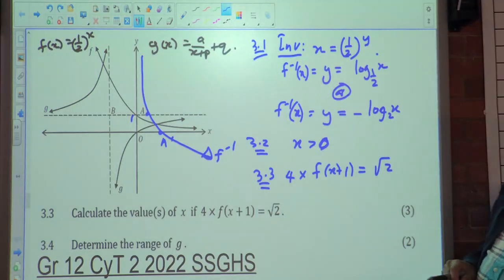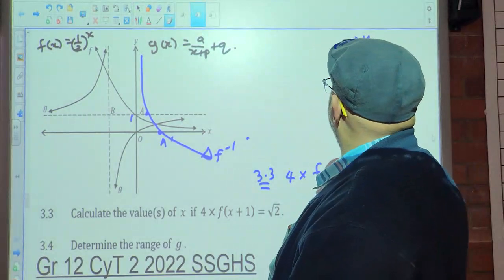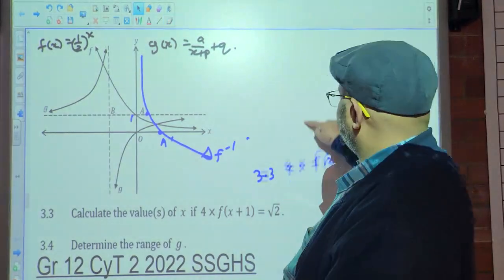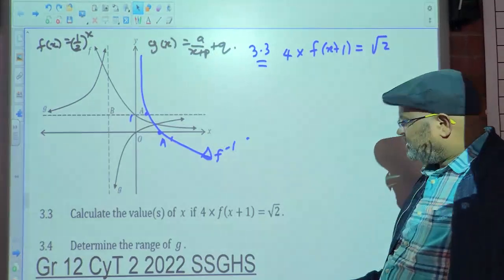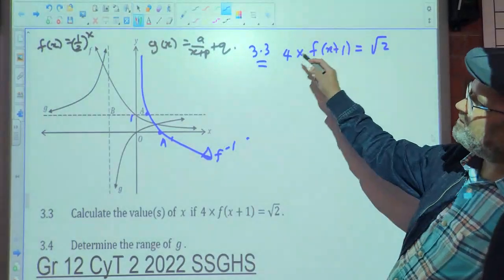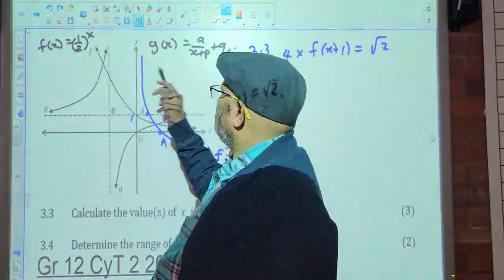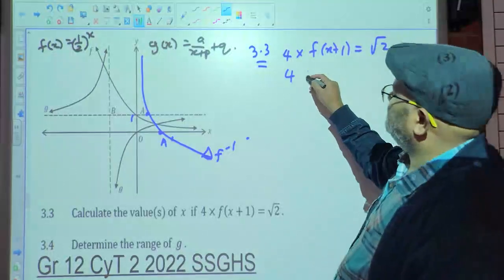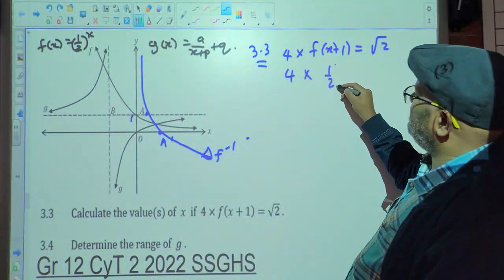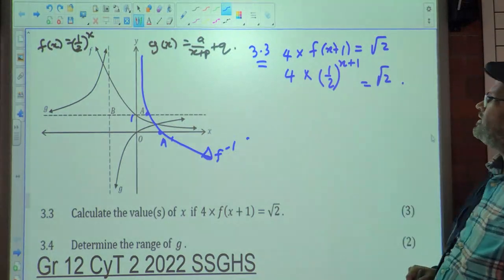So f of x is what? Half to the x. So what's f of x plus 1? Half to the x plus 1. So it's 4 times half to the x plus 1 is equal to the root of 2.